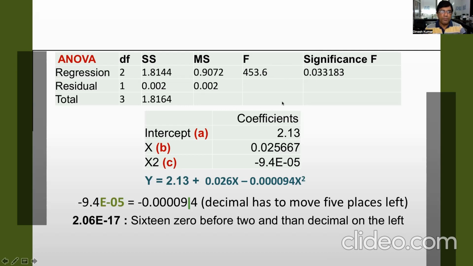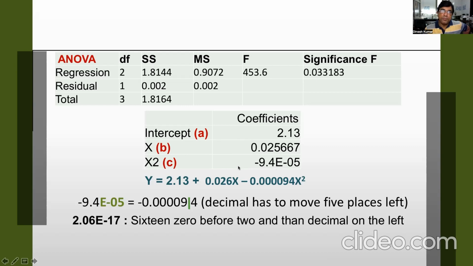And now you see the coefficients in the same way. You will get intercept 2.13 and the value of B is 0.025667, and the value of C is minus 9.4E-05. That means you need to move this decimal left side 5 places.